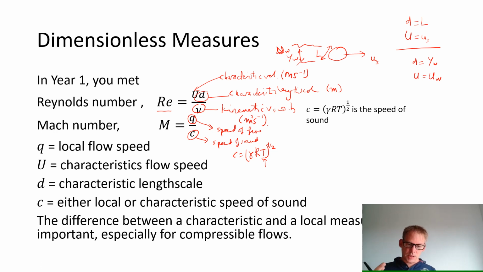So the Mach number, quite different from the Reynolds number, can be defined as a spatial variable. You can define a characteristic variable associated with it as well. So again, if we had something moving with speed U_s, we can define a Mach number associated with that movement. And C_0 in this particular case is the speed of sound associated with the unperturbed state upstream.